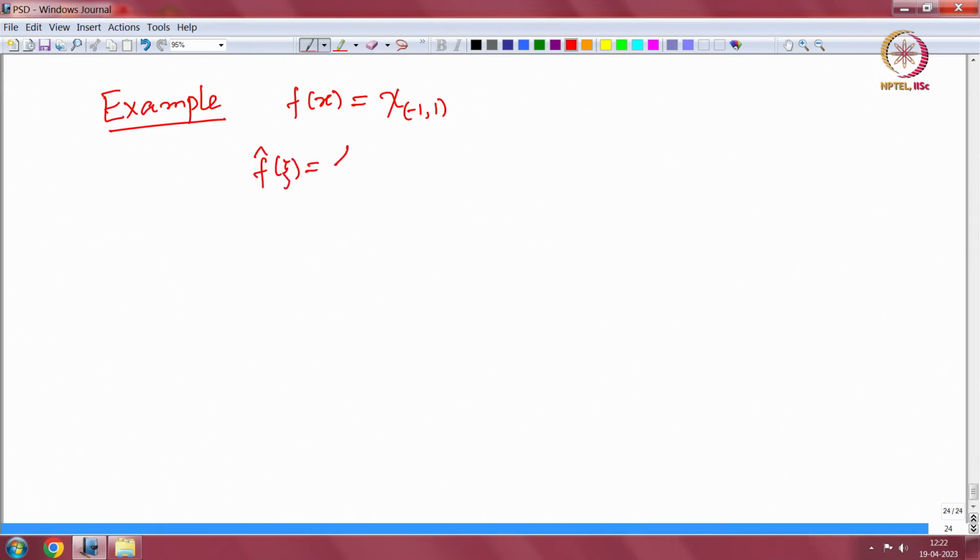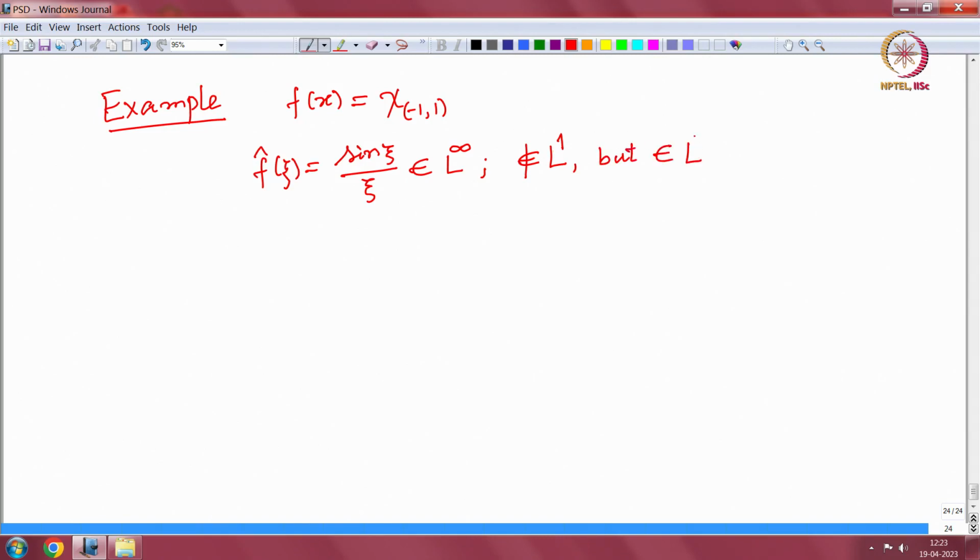Okay, so this is just sin j by j, which is 1 when j equals 0. This is a bounded function, it is continuous and bounded, and it also goes to 0. That is fine. But the important thing to notice is that this is not an L1 function, but it belongs to L2.